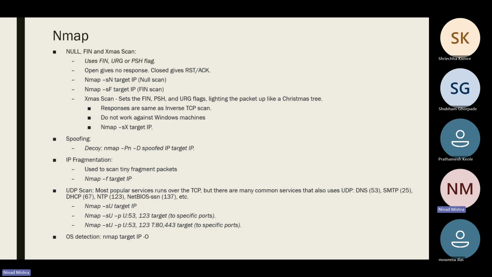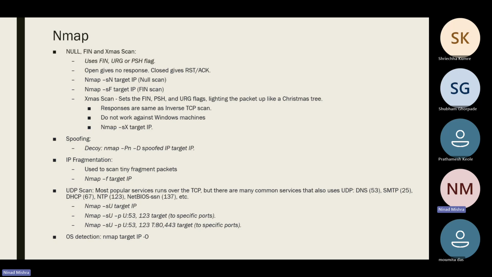All these previous scans were for TCP, but specifically for UDP, these are the commands. So just a simple -sU will provide all the UDP services that are running. But if you want to see any particular port, you just need to mention -p, then U stands for UDP, colon the port number.